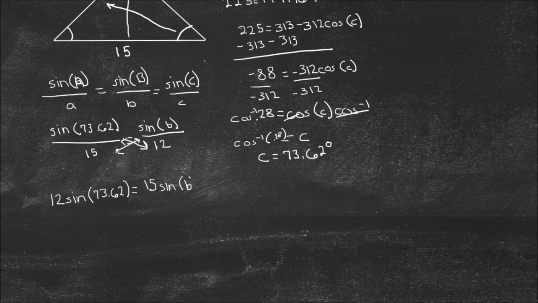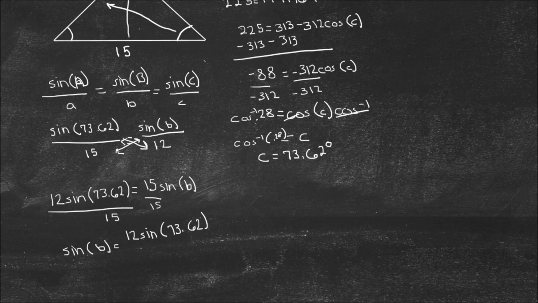Then to get sine of B by itself, I will divide by 15. So right now I have sine B equals all of this stuff here. And again, it's the same thing we had to do with the cosine. I have to somehow get the B by itself, and so I take not cosine inverse this time, but sine inverse of both sides. So let me draw an arrow here. I will get B equals sine inverse of that entire thing.